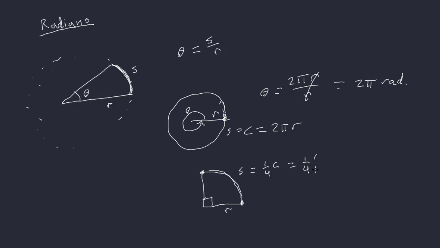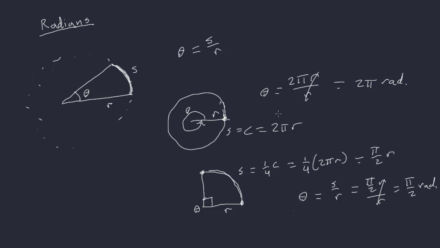So it'll be 1/4 times 2 pi R, which is going to be pi halves times R. So when we try to measure this angle theta, it's S over R, which will be pi halves R over R, which comes out to be pi halves radians. That hopefully aligns with what we know about a 90-degree angle in radians, which is pi over 2.